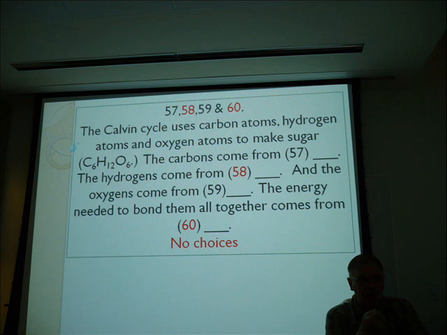The water that leaves the plant is coming out of the light reactions when you split the water. And you want to hang on to the H's, but the water says bye. But then the O that you need in the chloroplast is coming from the other source, which is the carbon dioxide.